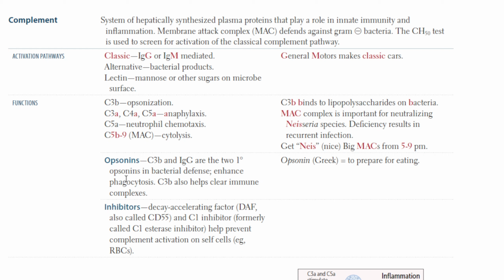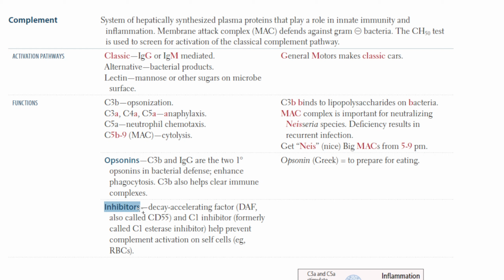They enhance phagocytosis. C3b also helps to clean the immune complex.